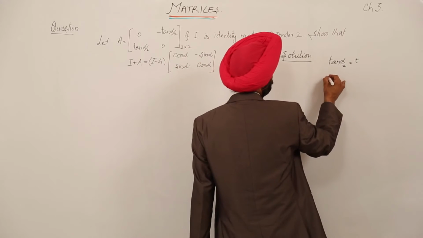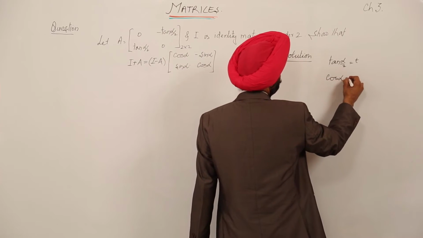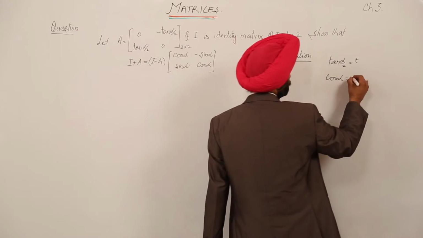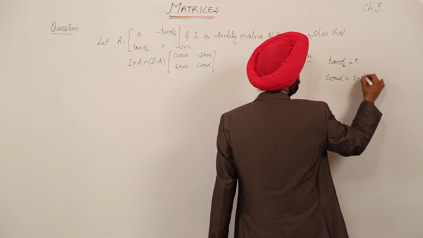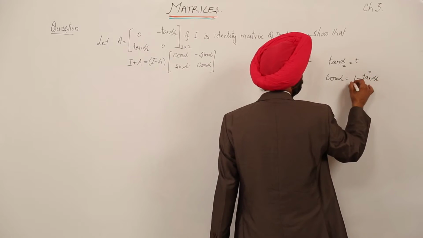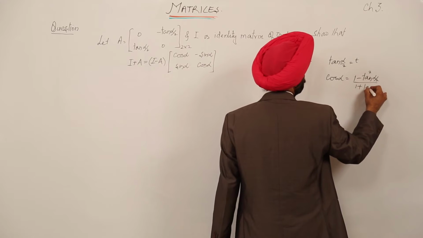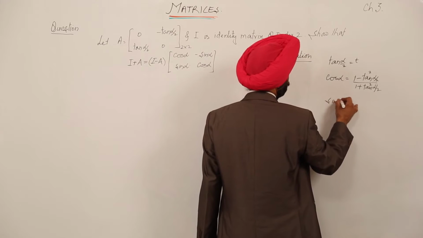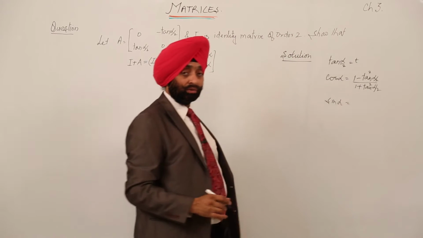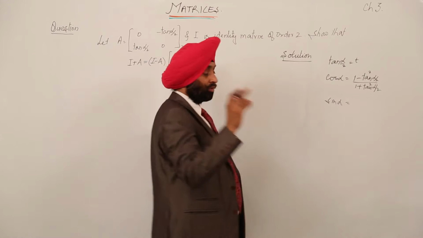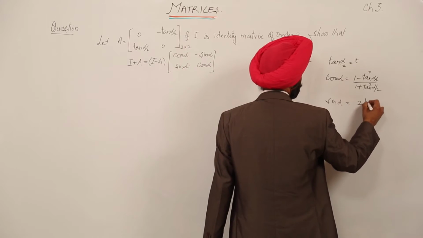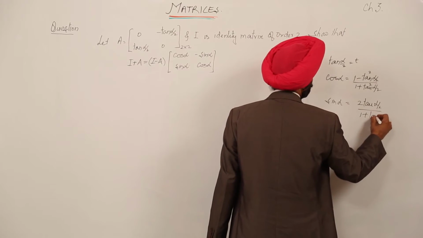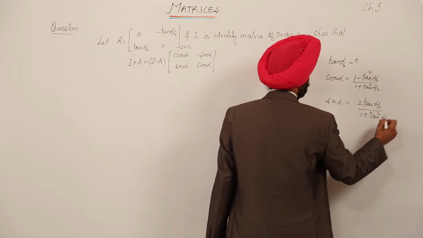Second thing, a formula, which you have done in class 11th. Cos alpha is equal to 1 minus tan square alpha by 2 upon 1 plus tan square alpha by 2. And sin alpha, as you remember, is 2 tan alpha by 2 upon 1 plus tan square alpha by 2.